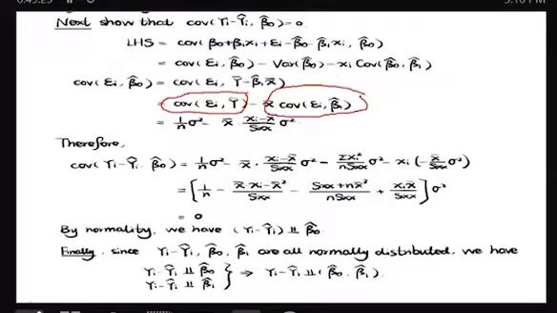Does that make sense? Now, what is the covariance of error and y bar? It is essentially the variance of y bar. Why? Error here is a constant. It's not a random variable.